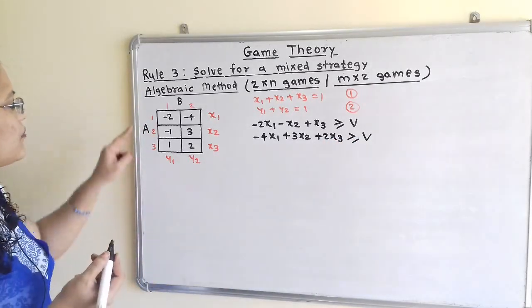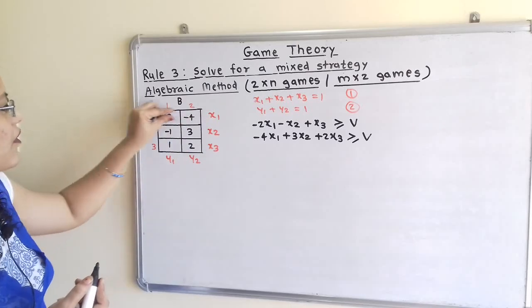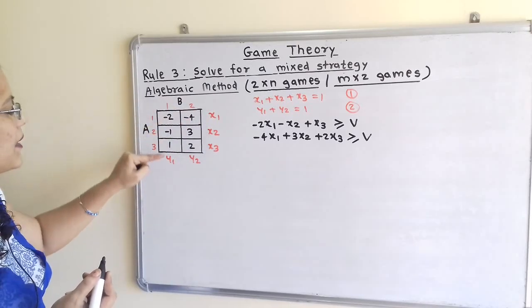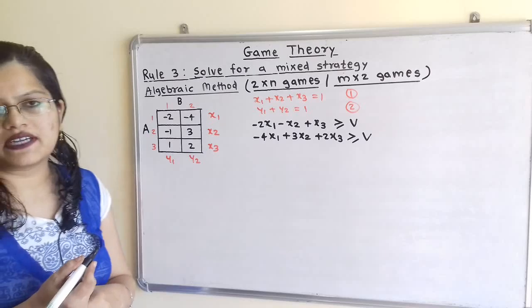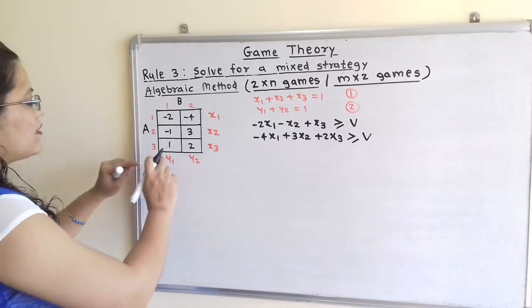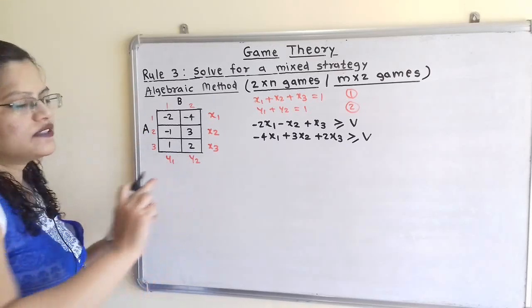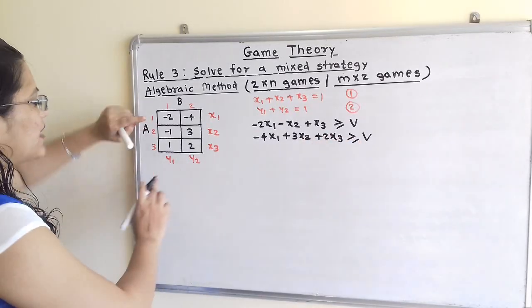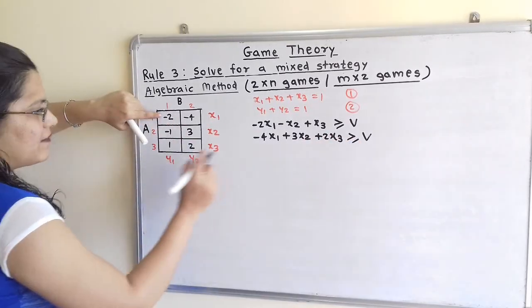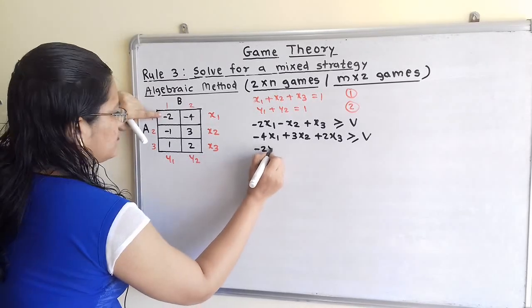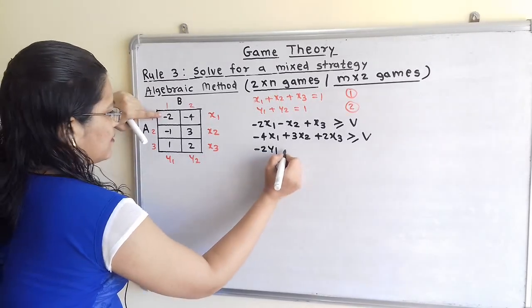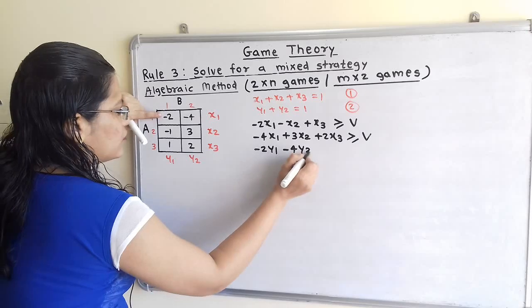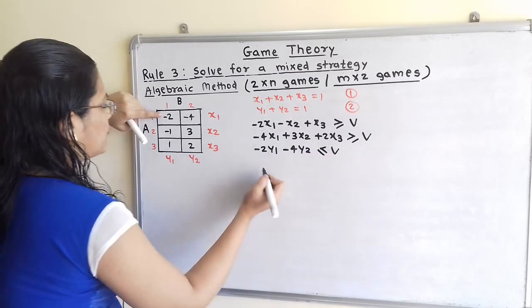Now I will move to the rows. For the first row I will multiply with the frequencies y1 and y2, and that value should be less than or equal to v. So we will write here minus 2y1 minus 4y2 should be less than or equal to v.